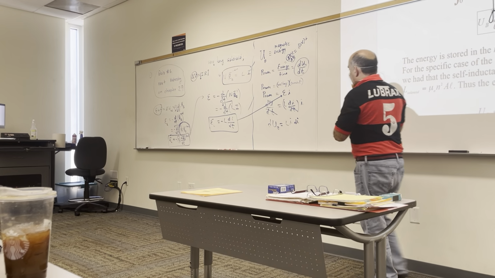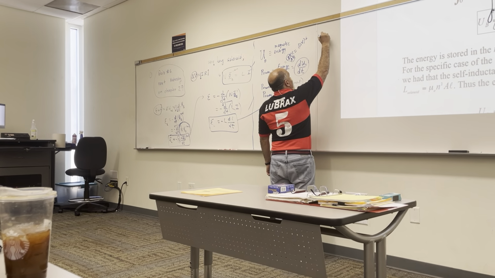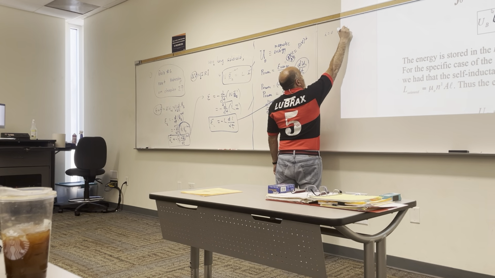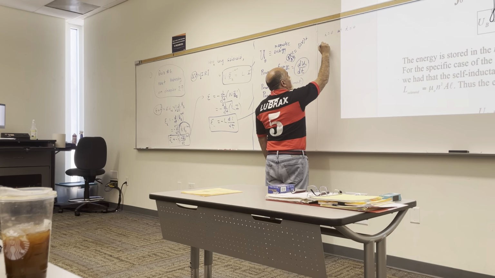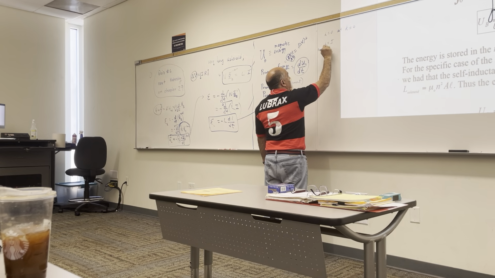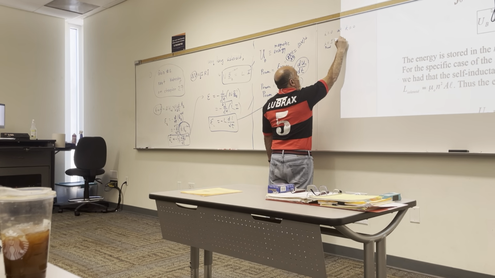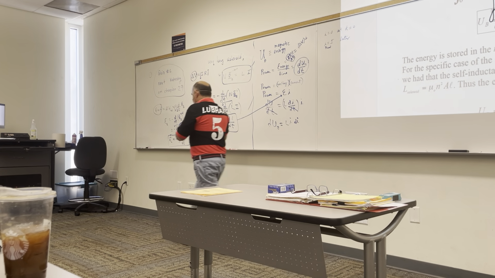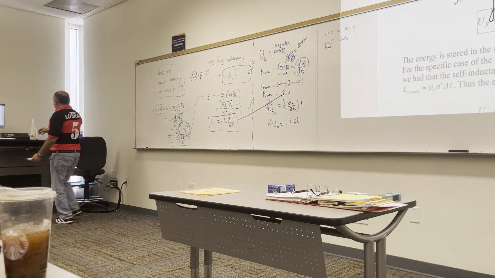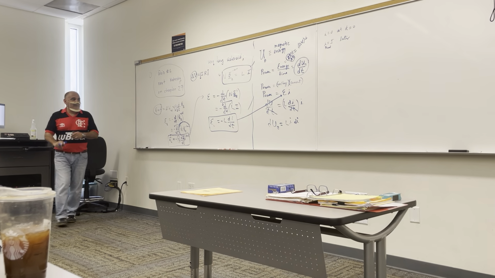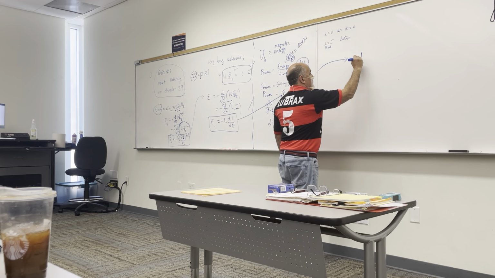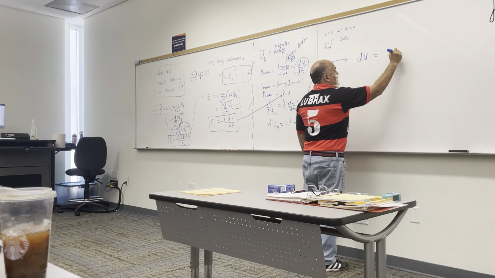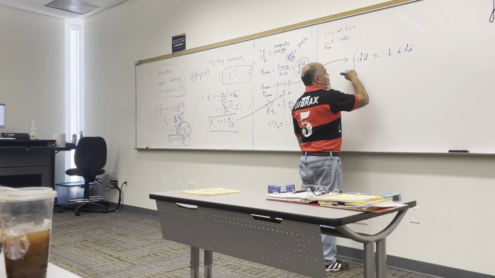If the initial current is 0, I equals 0 at t equals 0, and the final current is that later, then you have this expression, dU is L i di, and then you just integrate both sides.